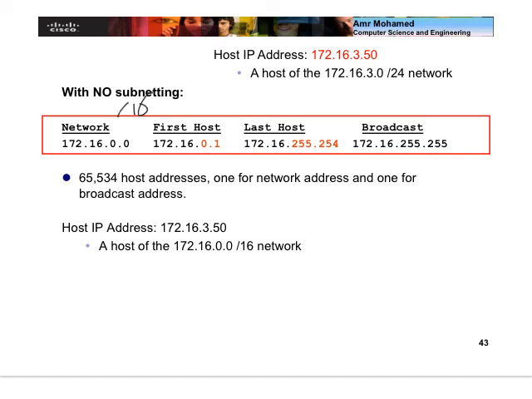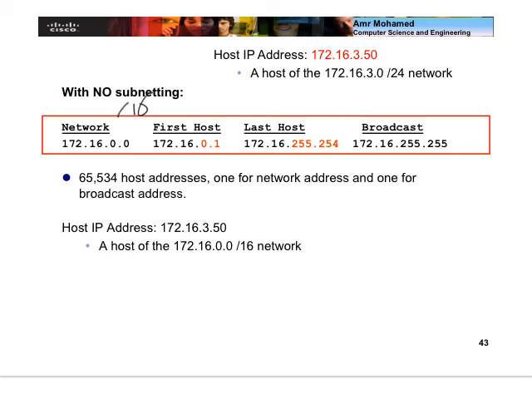From this, if we use no subnetting, the host range will go from 0.1 all the way to 255.254, which gives me 2 to the power 16 minus 2 different hosts.